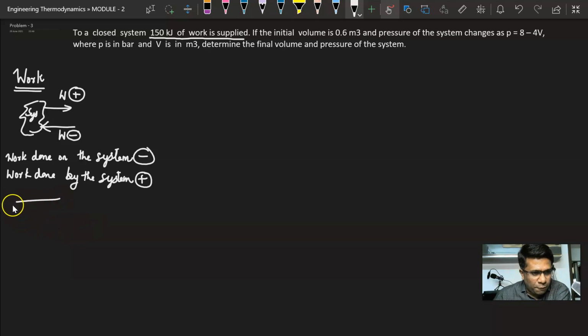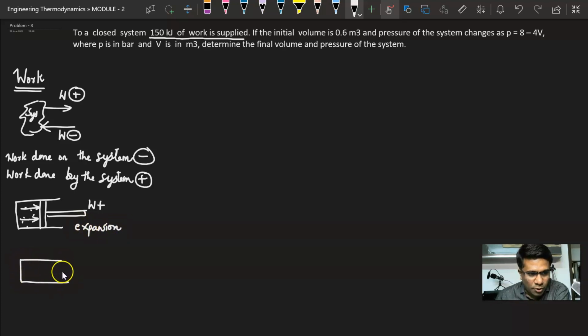For example, if we have a piston cylinder arrangement and suppose the gas entrapped inside the cylinder is pushing the piston outwards, that is, the piston is delivering a work. In that case, the work is taken as positive, and this work is also called the expansion work.